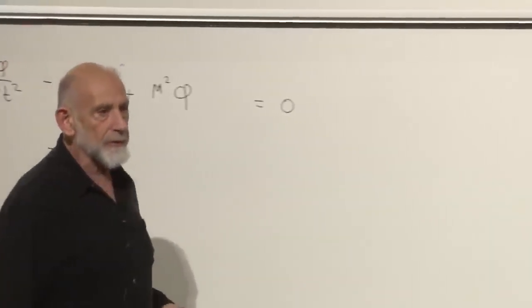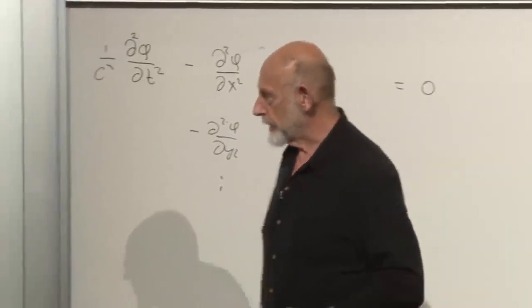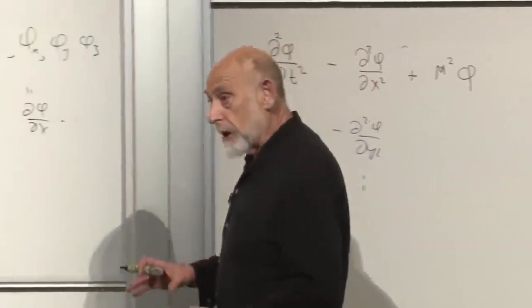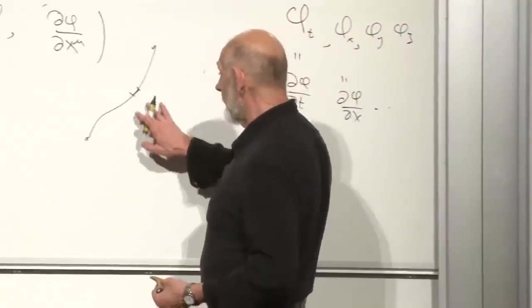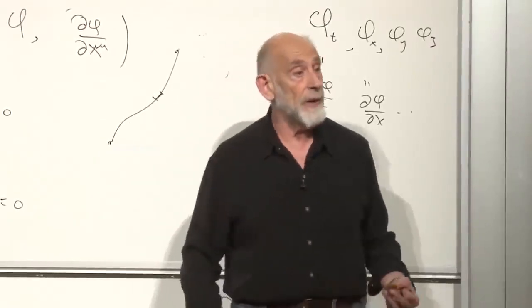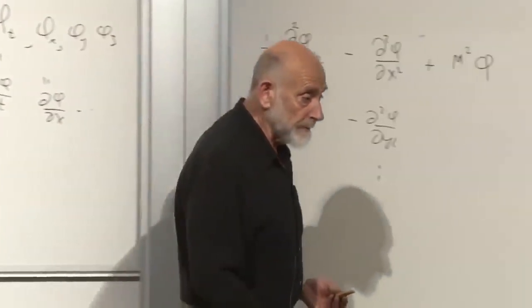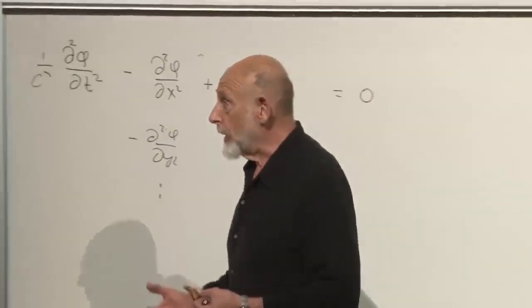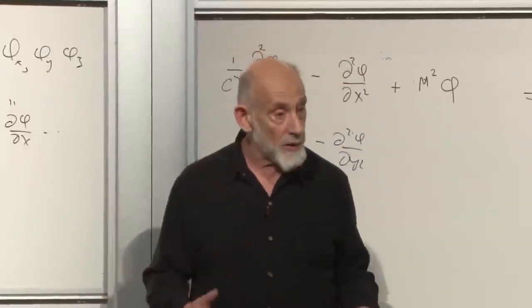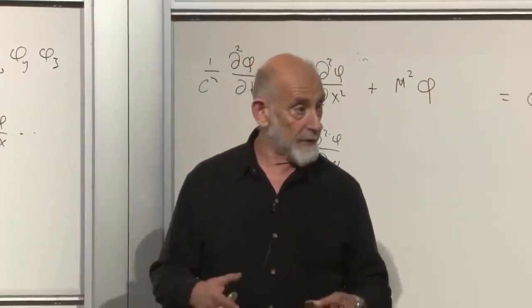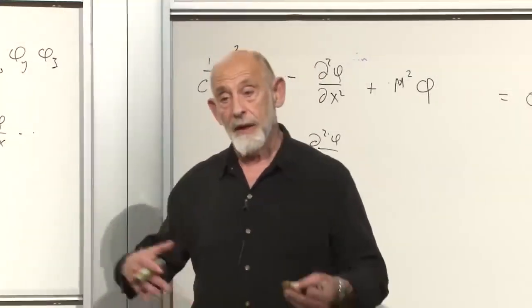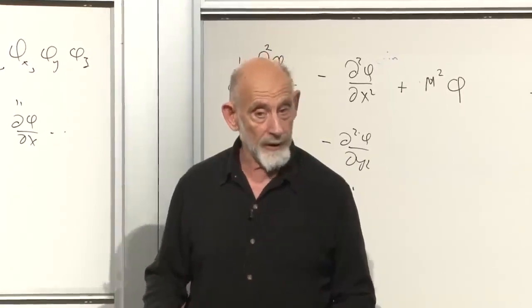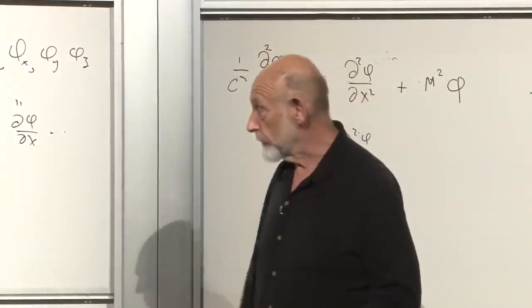The proper distance or the proper time along the trajectory. And since everybody agrees about the value of the invariant proper time for a little segment, when you add them up, everybody will agree about the value of the action. They'll all express it by the same set of rules. And so the equations of motion, when you derive them in one coordinate system, will have exactly the same form as they have in any other coordinate system. In other words, the laws of particle mechanics will be invariant, the same in every reference frame.